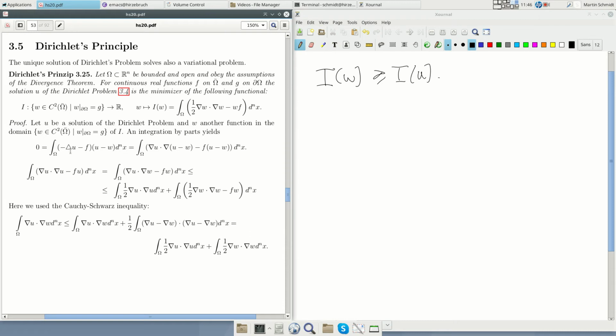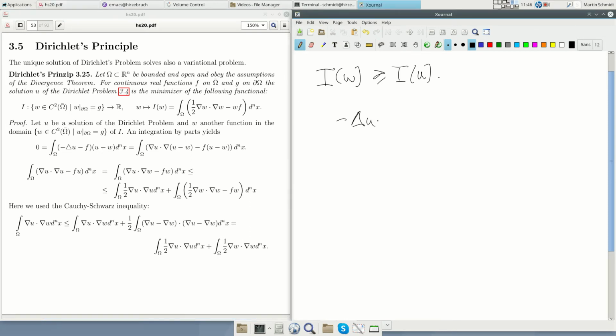We only change this first term. And so we have minus Laplacian u times u minus w, and we want to put minus Laplacian u. So to which function should we apply the divergence theorem? Clearly, this is the divergence of minus gradient of u times u minus w.